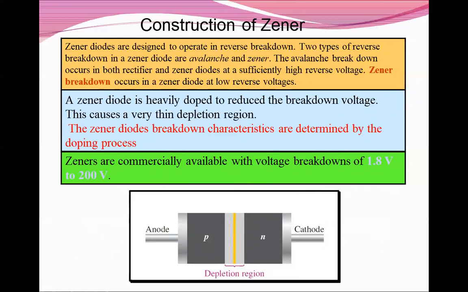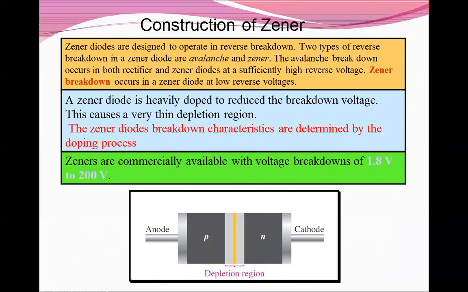Here the Zener diodes are designed to operate in reverse breakdown. Two types of reverse breakdown in a Zener diode are avalanche and Zener. The avalanche breakdown occurs in both rectifier and Zener diodes at a sufficiently high reverse voltage. Zener breakdown occurs in a Zener diode at low reverse voltage.